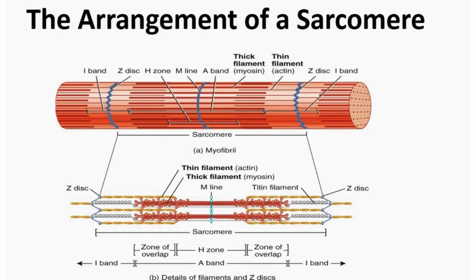Accordingly, if we see the structure of a sarcomere, we have a centrally located A band. Once we see the diagram, we understand that anisotropic A are the dark bands, isotropic I are the light bands.